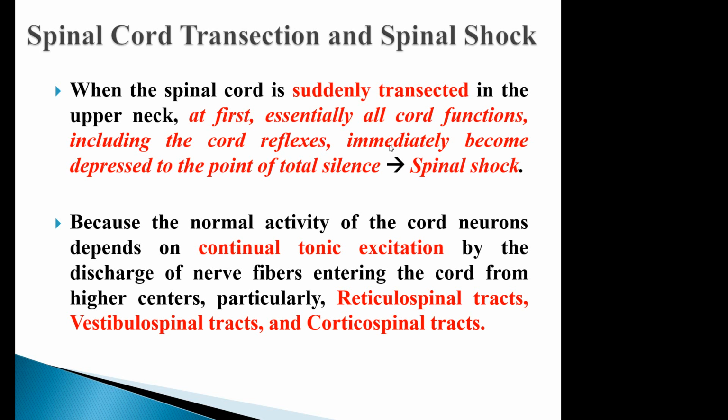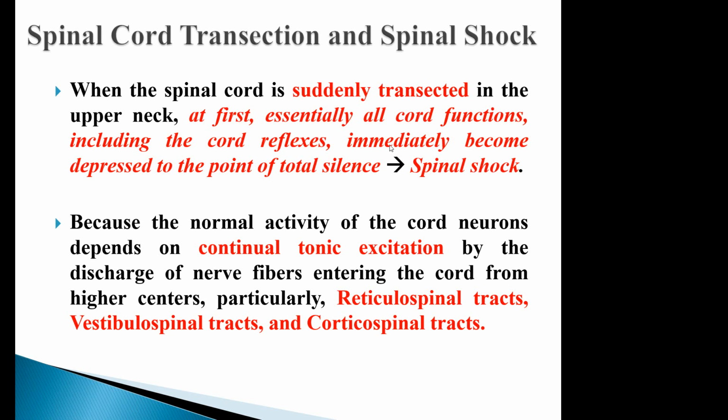When the spinal cord is suddenly transected in the upper neck, at first, initially, all cord functions, including the cord reflexes, immediately become depressed to the point of total silence. So you can say that there is a complete stoppage of any sort of cord reflexes immediately after the transection, and this condition is known as spinal shock.